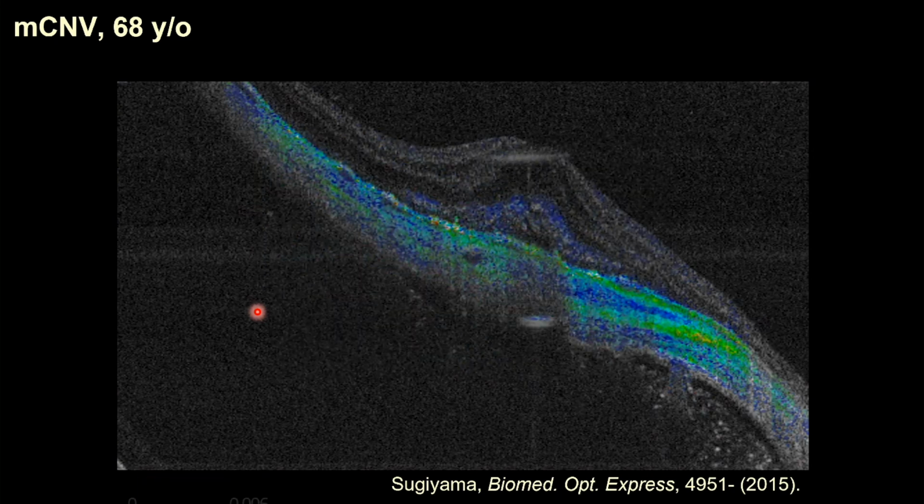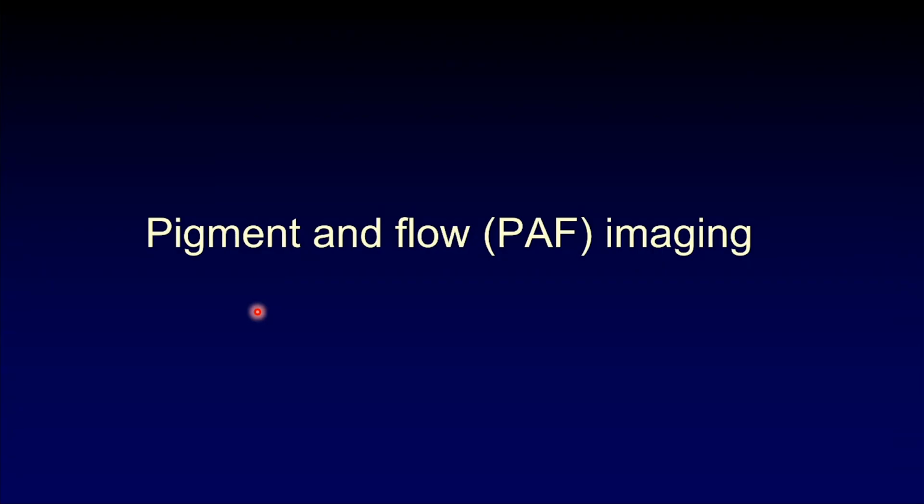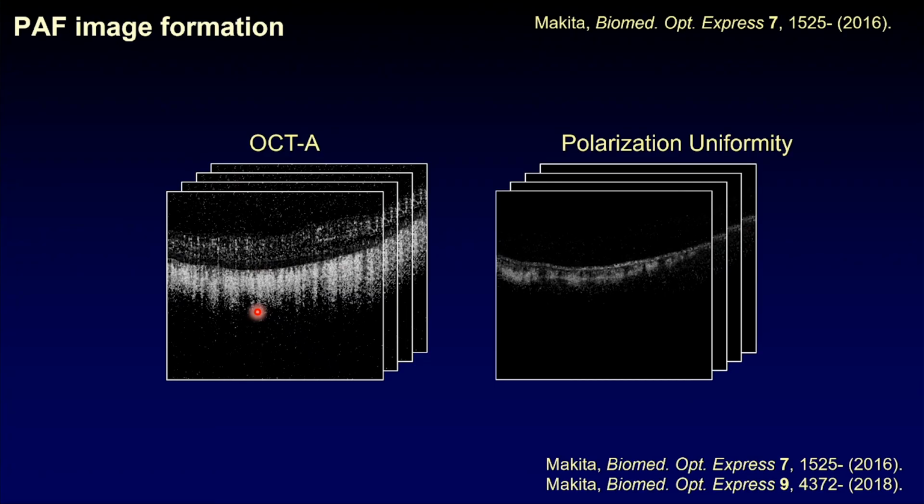Okay, so then we continued development and reached simultaneous pigment and flow imaging, which we call PATH. It is a kind of signal processing with the Jones matrix OCT. So by a single scan of the Jones matrix OCT, we can obtain multiple contrasts, as I've already explained.